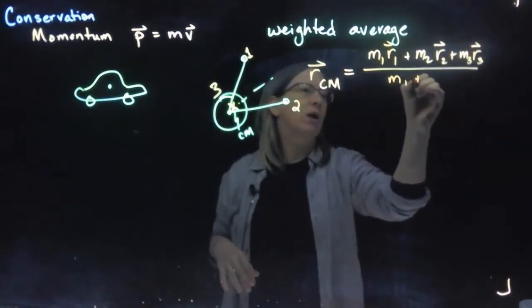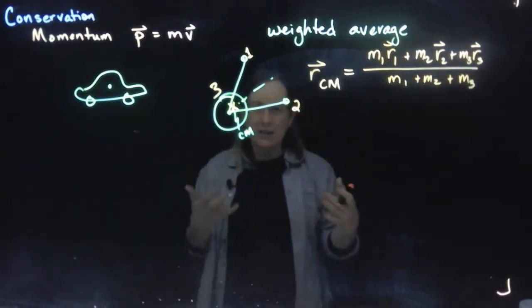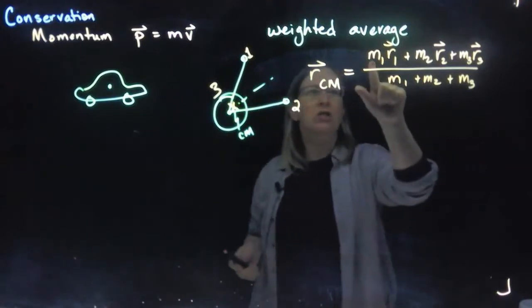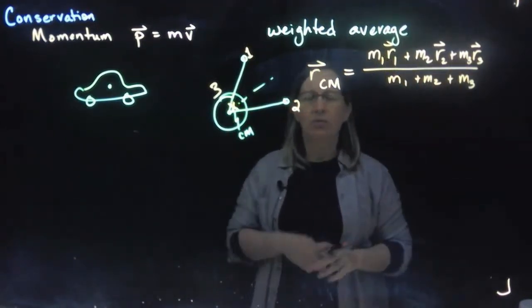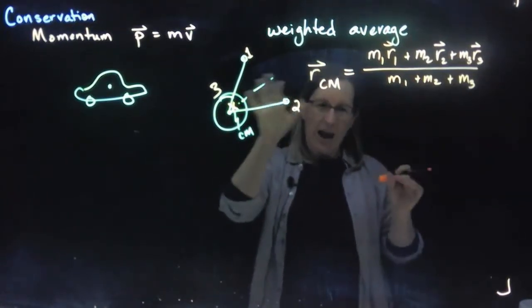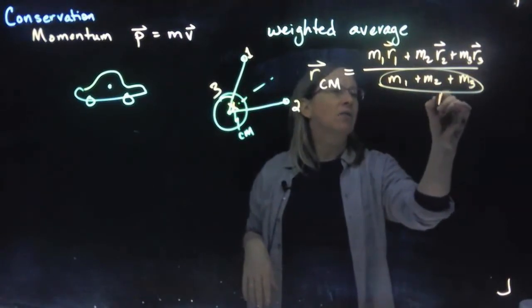In other words, M1 plus M2 plus M3. That's how we do a weighted average. We just put the weights in front of whatever it is we're trying to find the weighted average location of the center of this. So we can rewrite this as our mass total.